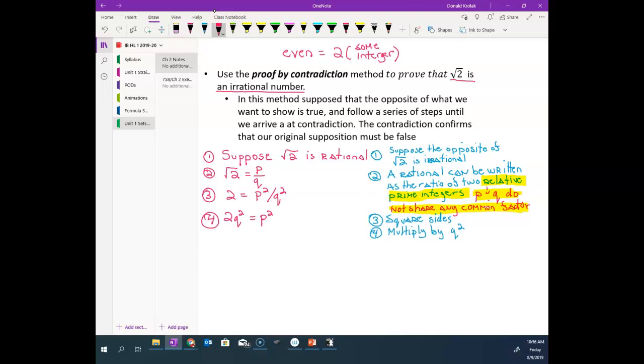Now here's why this is important. We can now say P squared is an even number, because it's equal to 2 times some other number.